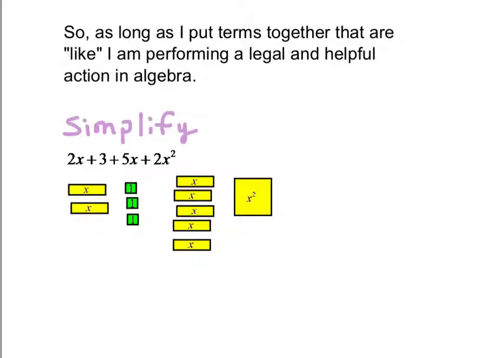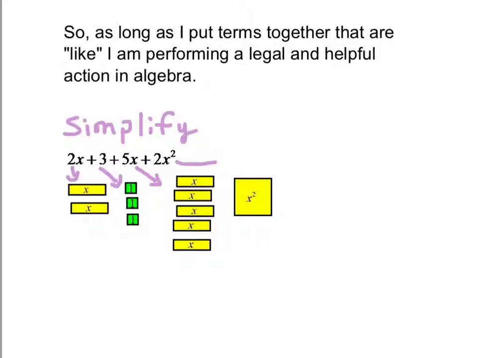Now, what I have here is I've modeled with the manipulatives what I have up here above. This right here is the 2x, 2 of the x's. This is the 3 1s. This is the 5x, and I actually need to add one more of these.